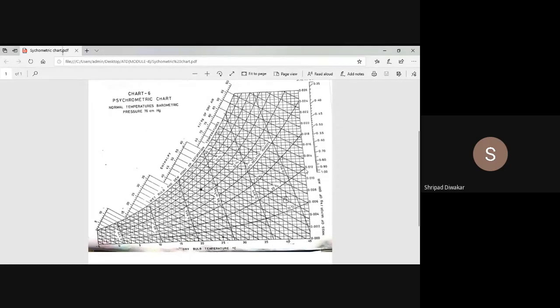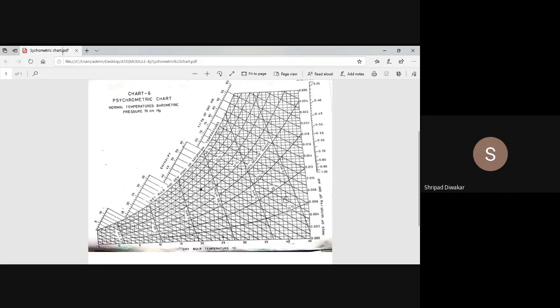The specific humidity at 25 degrees WBT is 0.012. And if you take the horizontal direction, you have to take it always on the saturation curve, and you move in the horizontal direction, that is your DPT. Specific humidity at DPT 25 degrees Celsius is nearly 0.012.